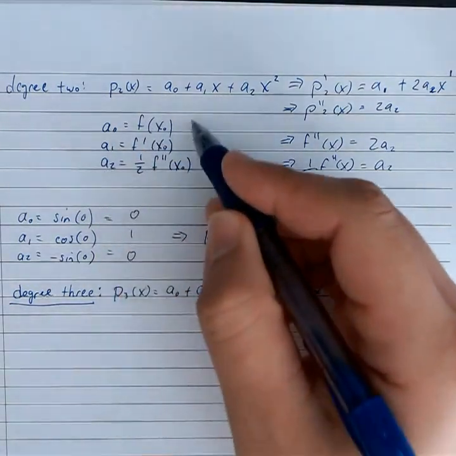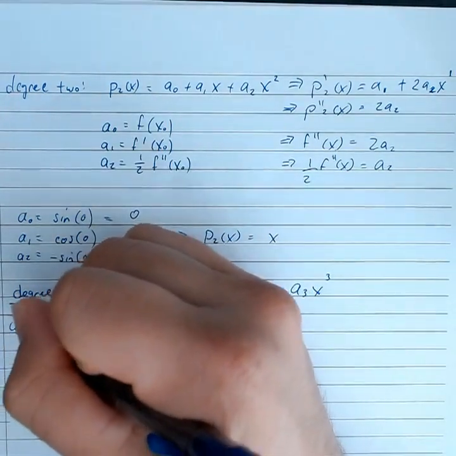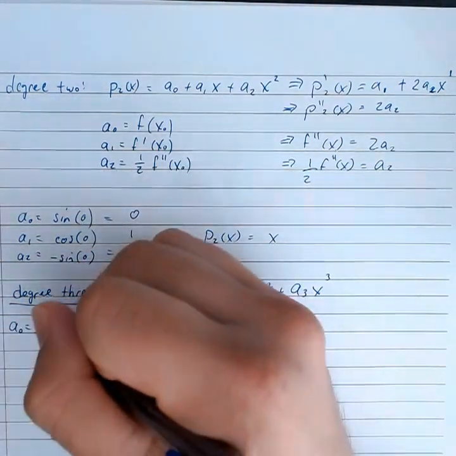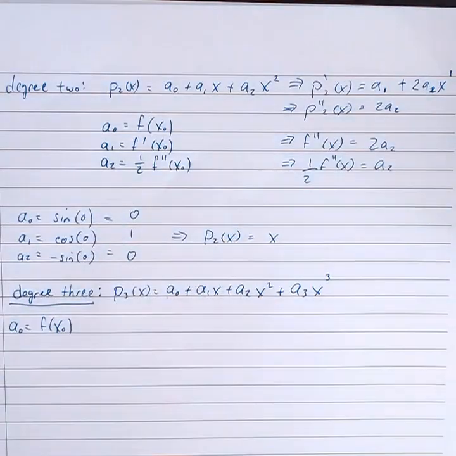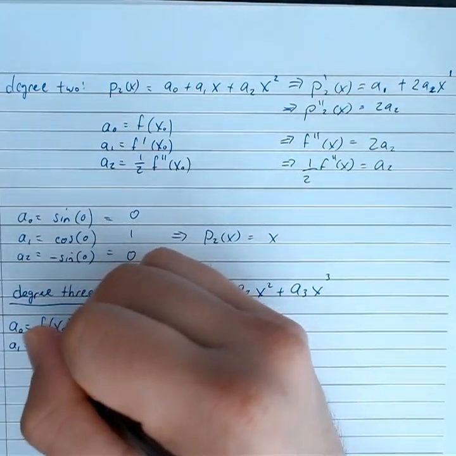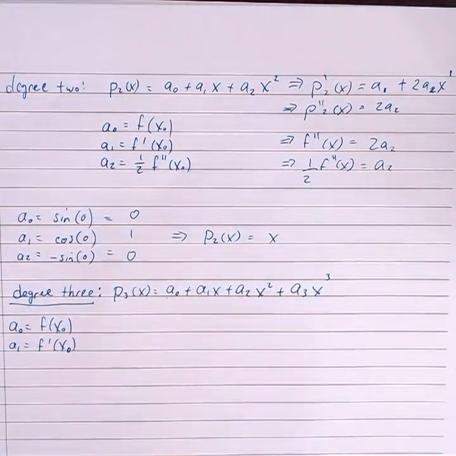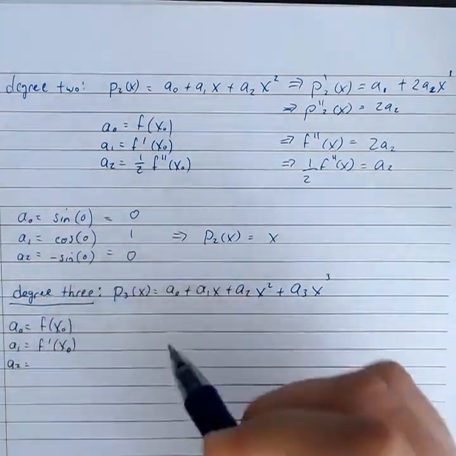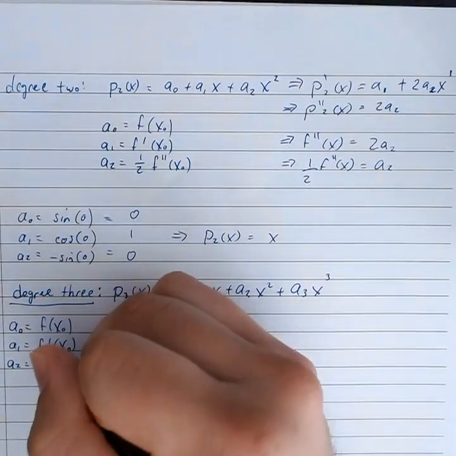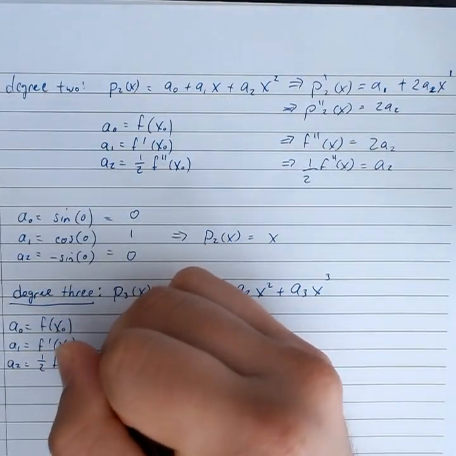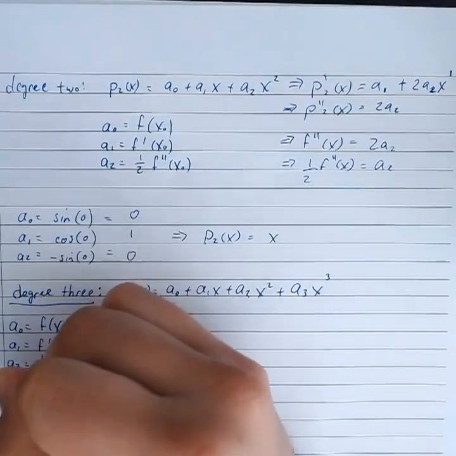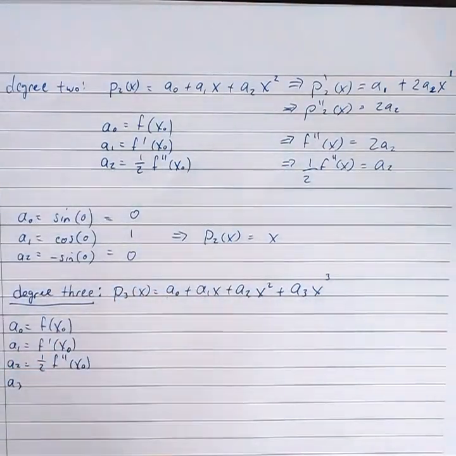Well, again, we already know some of those results. We know a sub 0 should be equal to f at x sub 0. We know a sub 1 should equal f prime at x sub 0, rather. We know a2, that coefficient there, should equal 1/2 f double prime of x0. And now we're trying to find a sub 3.